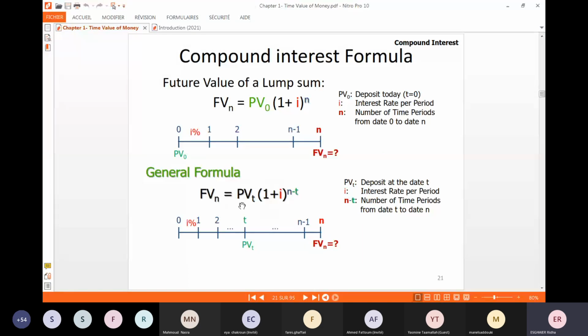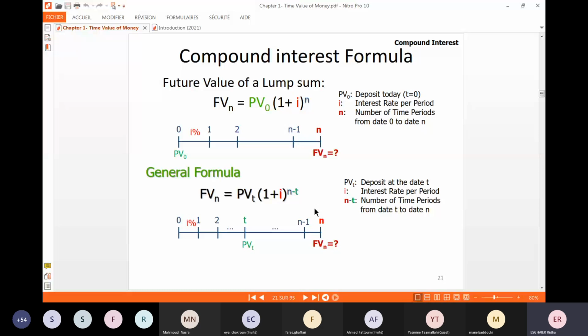But this formula, which we applied until now for only one amount, we will apply to each amount that we will receive or pay at the beginning or at the end of each year. Then we will see what the formula will be.